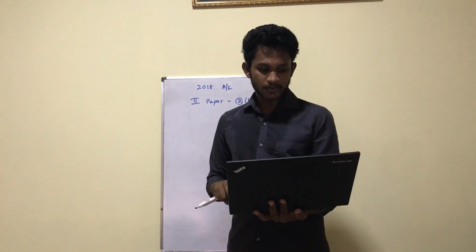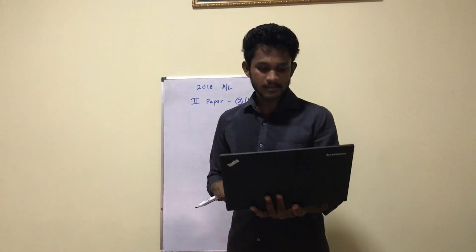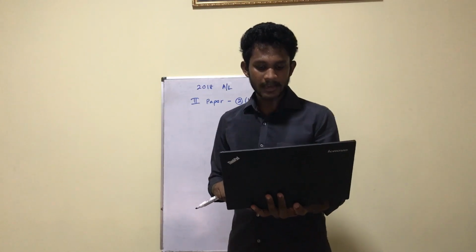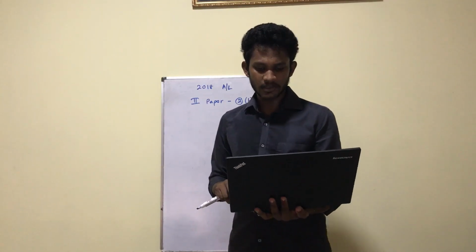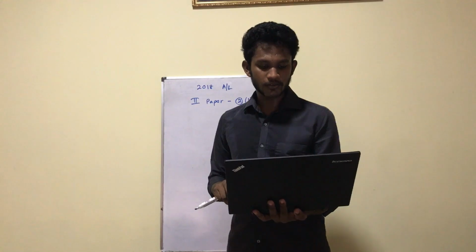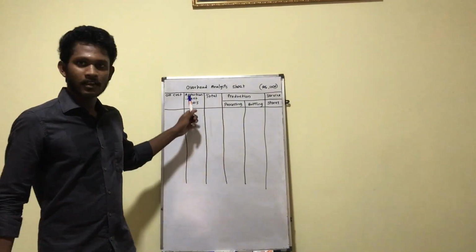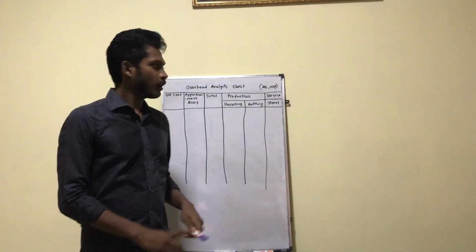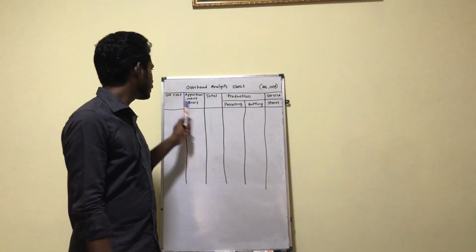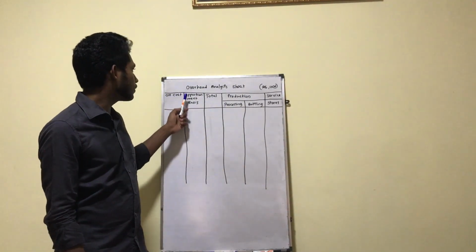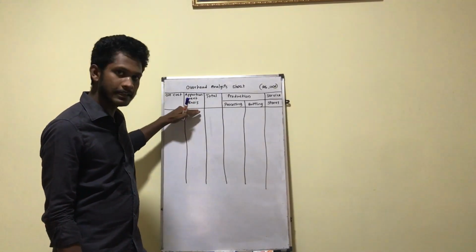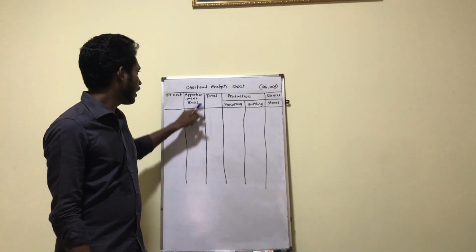And you are required, the first one, the overhead analysis sheet showing clearly the basis of apportionment, including reapportionment of service division overheads. Okay, let's do it. So this should be your overhead analysis sheet. The first column should be overhead cost and the apportionment basis, and you have to clearly write down the apportionment basis and total.